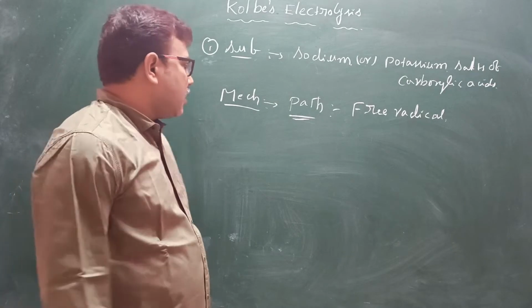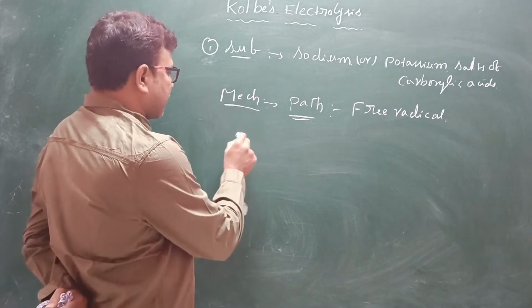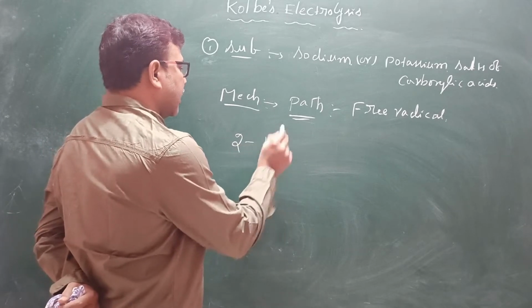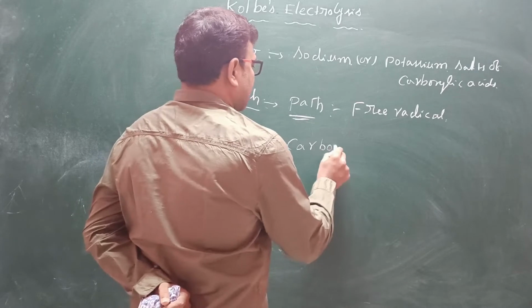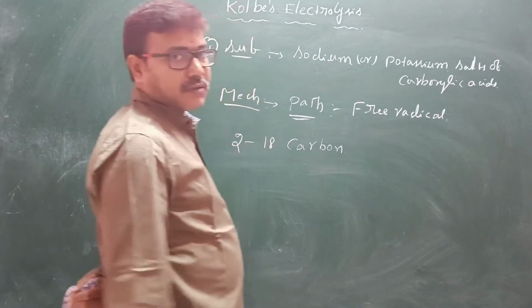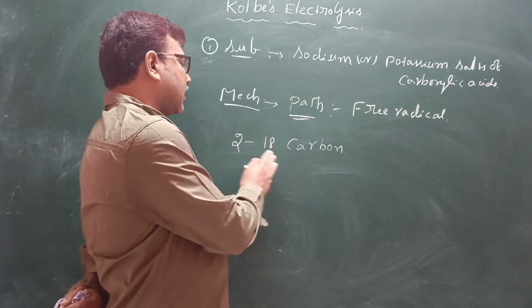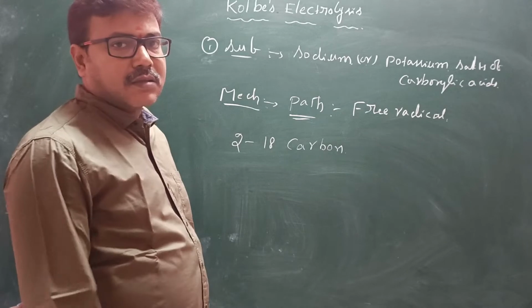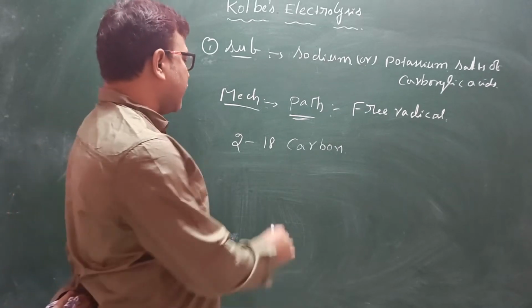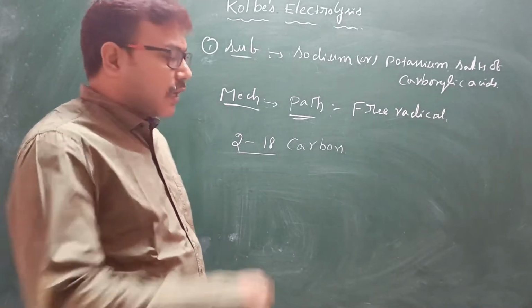This process is useful for the preparation of hydrocarbons containing 2 to 18 carbons. It gives good yield when the alkane contains 2 to 18 carbons. For more than 18 carbons, the percentage of yield is very low.